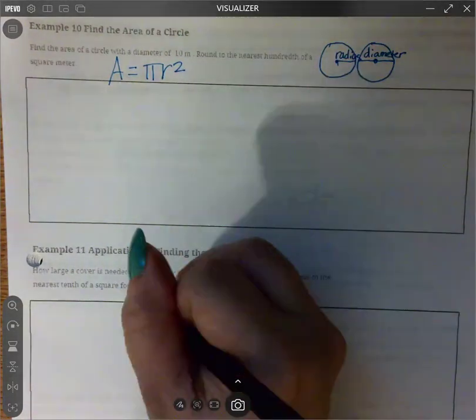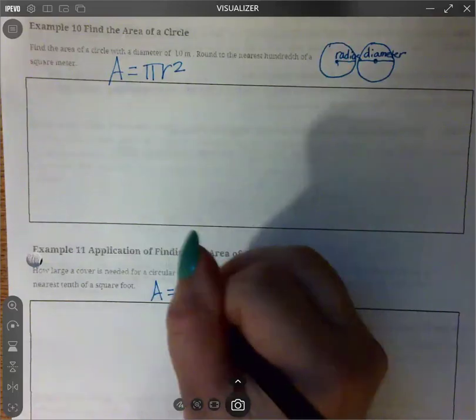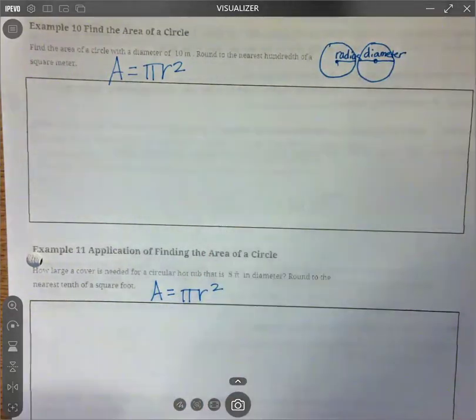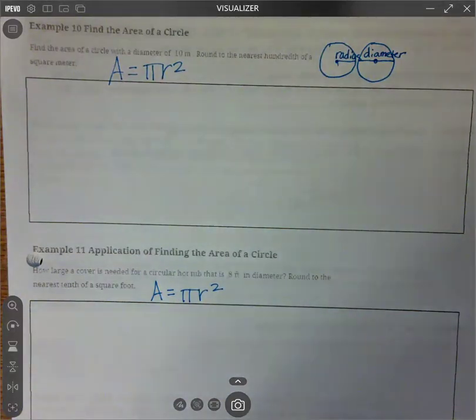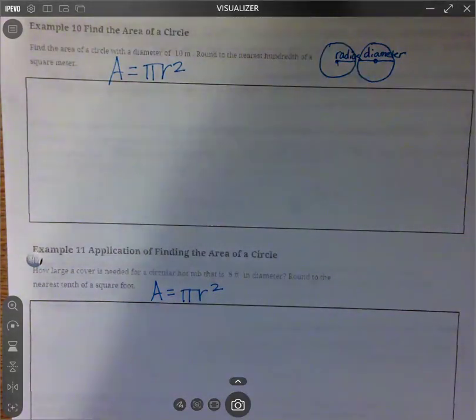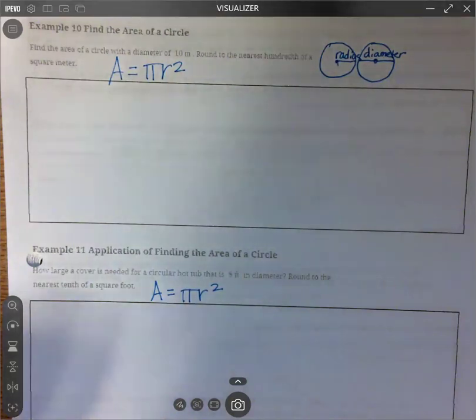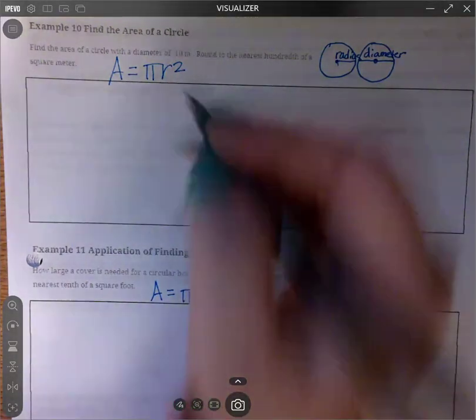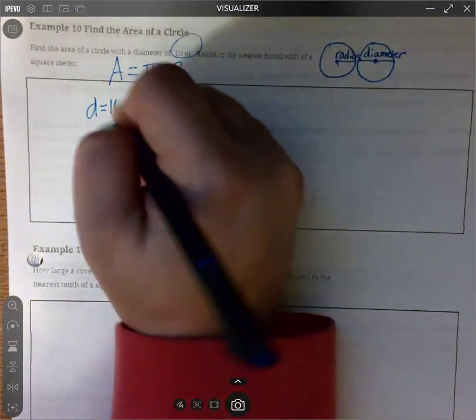Again, I do encourage you to make note cards and practice memorizing the various formulas because you will need them for the test. Our scenario for example 10 is finding the area of a circle that has a diameter of 10 meters.